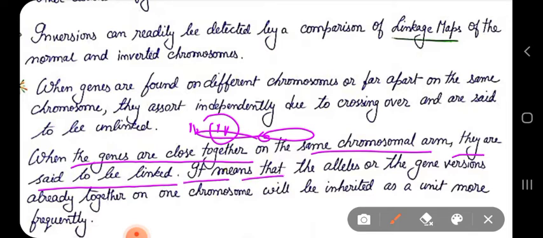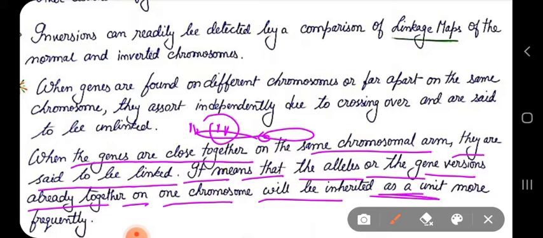So it means that alleles, or gene versions, already together on one chromosome will be inherited as a unit more frequently. If genes are placed very closely in the same chromosome arm, then during cell division they will be present together on one chromosome and inherited as a unit.